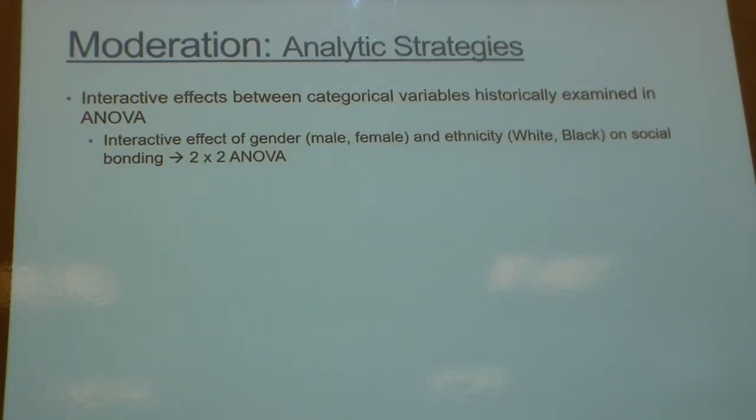Okay. Now, historically, we looked at interactions with ANOVA models. I want to look at the impact of gender and ethnicity on social bonding. Social bonding is a continuous outcome variable.